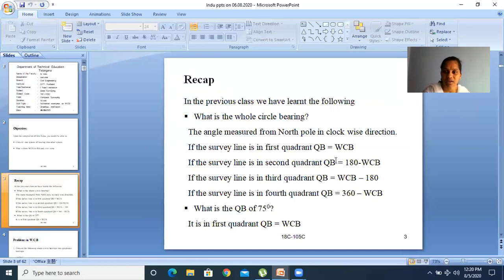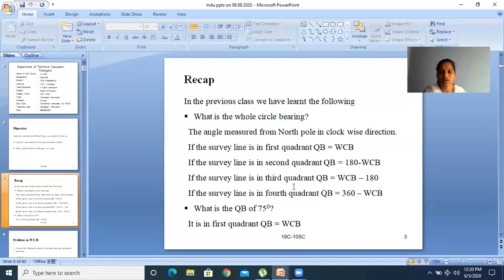By remembering one conversion, you can calculate both. If you want to calculate QB, use this formula, or if you want WCB, bring QB to this side, so WCB is equal to 180 minus QB, right?